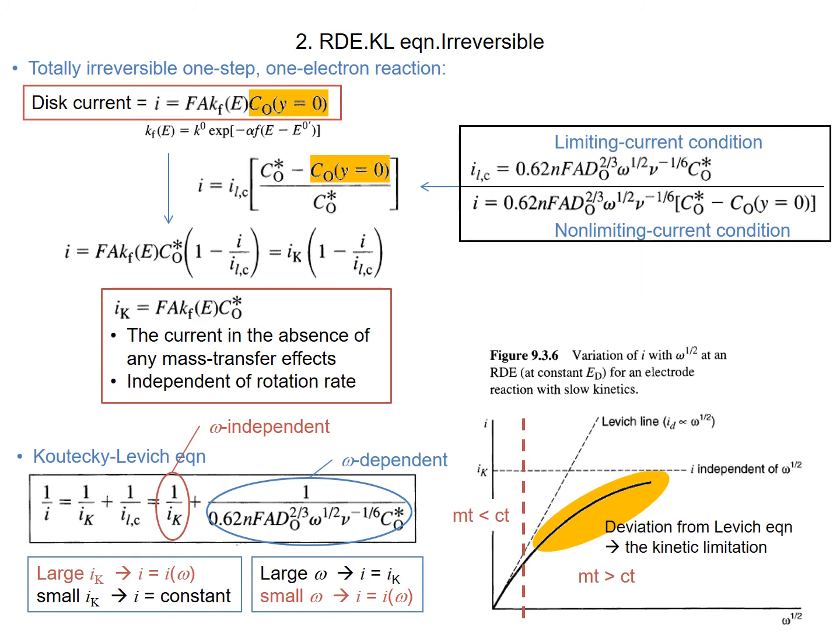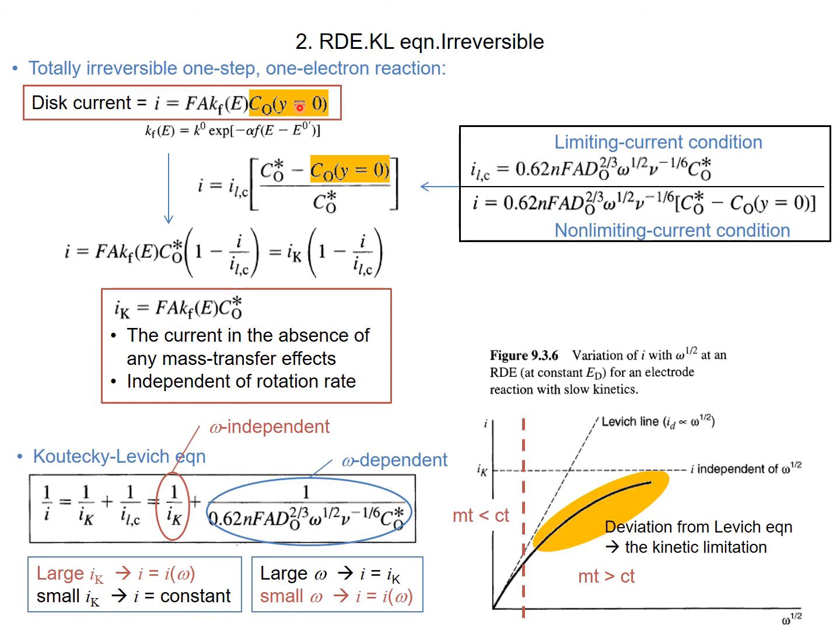Let's go to the other equation for the hydrodynamic techniques. That is the Koutecky-Levich equation. Let me think about a totally irreversible one-step, one-electron reaction. Then the disk current i can be described by nFA, in this case n is equal to 1, with the forward rate constant, which is a function of electric potential, and the surface concentration of the reactant.